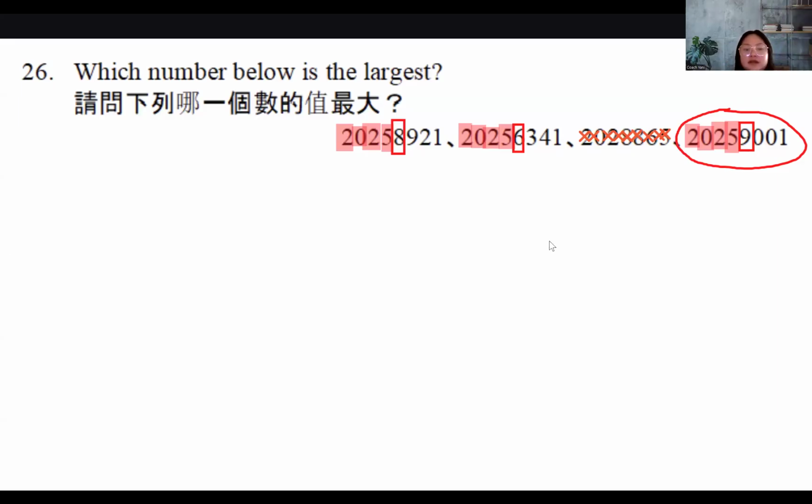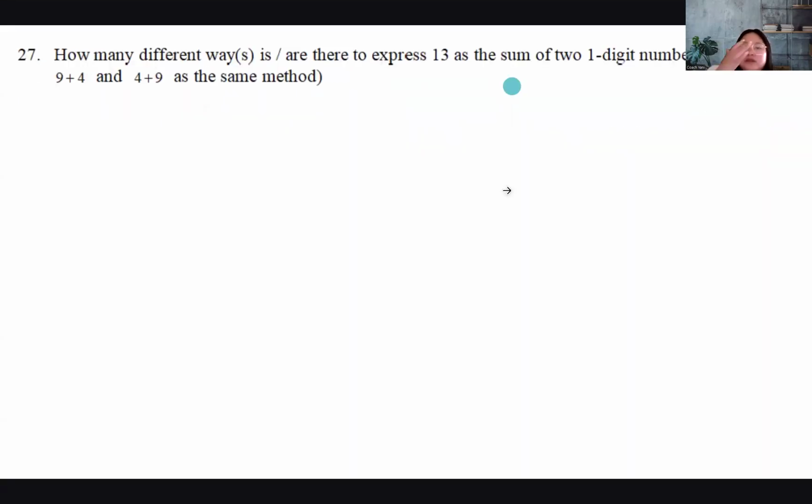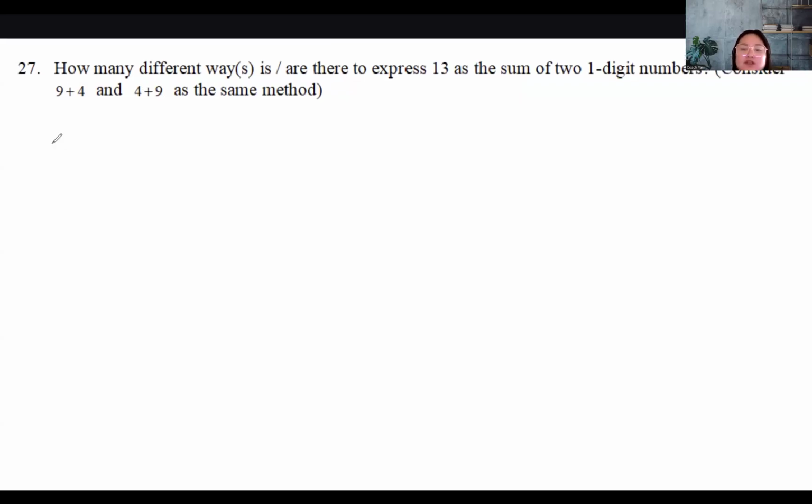Okay. Let's do number 27. How many different ways are there to express 13 as the sum of two one-digit numbers? It says here 9 plus 4 and 4 plus 9 is the same method. So what are we going to do? We're just going to list down all the numbers that could give us 13, starting from 0 and 13. 0 plus 13, that would give us 13.